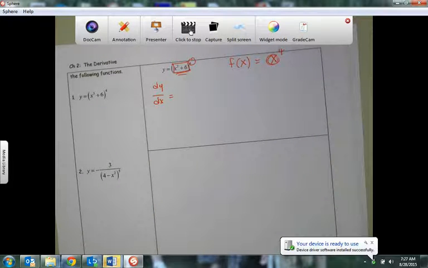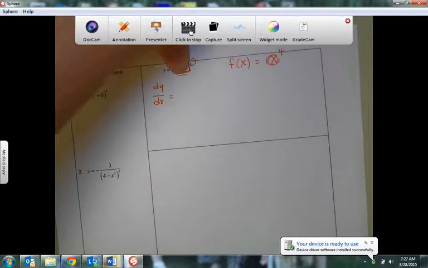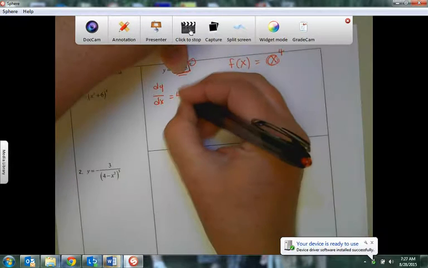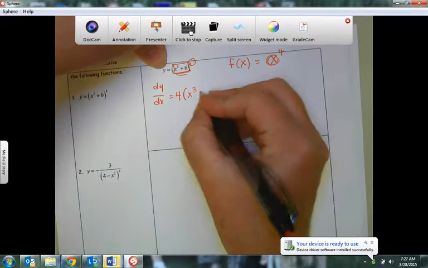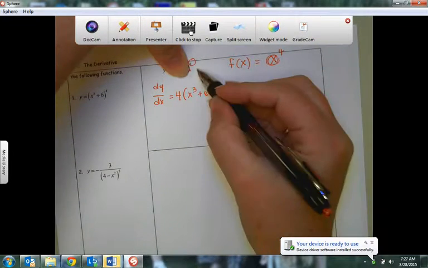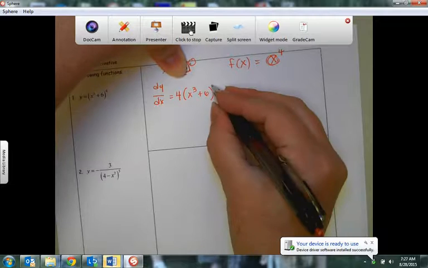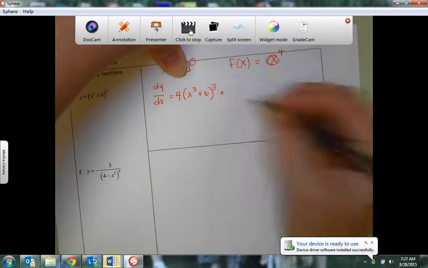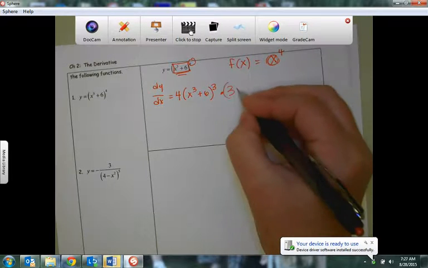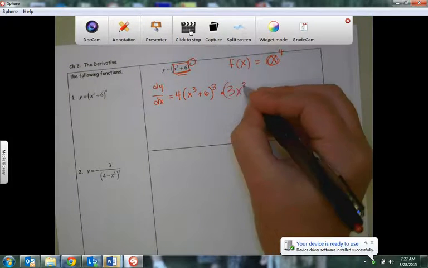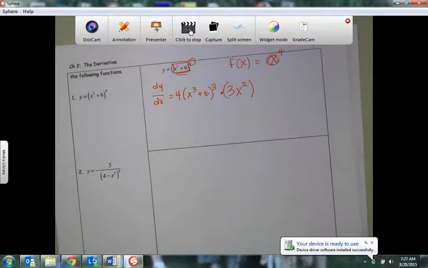So I'm going to cover this up, take the derivative of the outside, so I bring the 4 down, leave the inside alone. So bring my 4 down and subtract 1. Then multiply by the derivative of that inside. So let's see, that'd be 3x squared and then plus 0. And we can reduce that now.